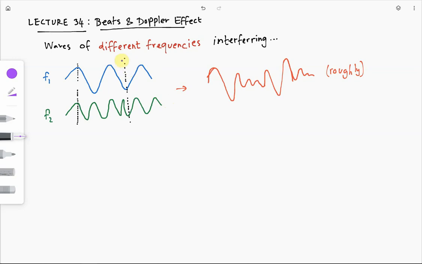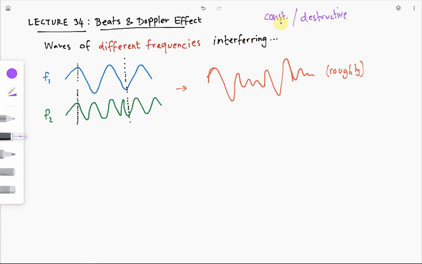We have always talked about, when studying interference, waves of the same frequencies. When they interact with each other, what happens? Either we have constructive or destructive interference, right? Constructive is when the waves are amplified, while destructive is when the waves are diminished.